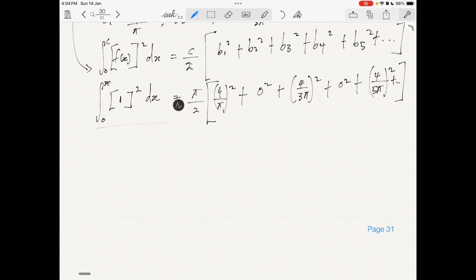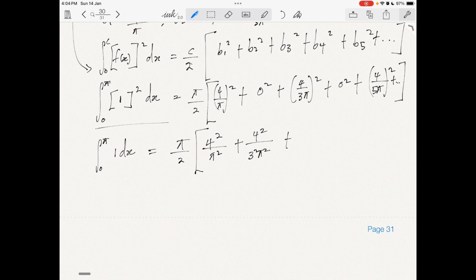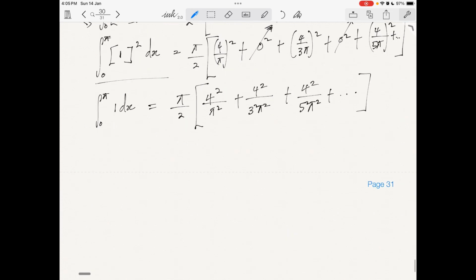So solving the left hand side, you can see we have the integral from 0 to pi of 1 squared, which is 1, dx, which will be equal to pi over 2 times 4 squared over pi squared plus 4 squared over 3 squared pi squared plus 4 squared over 5 squared pi squared plus this, and this will be 0. So solving the left hand side further, we are going to integrate 1 with respect to x.